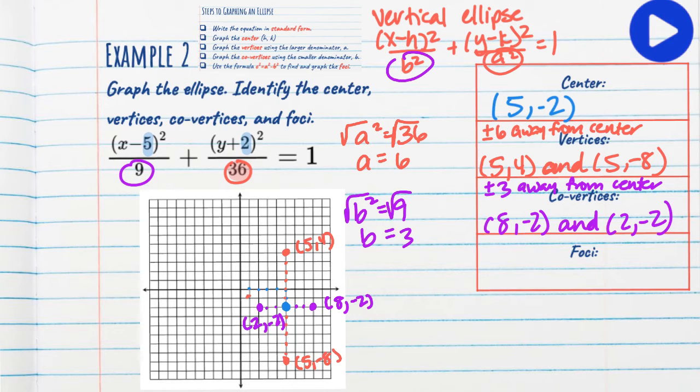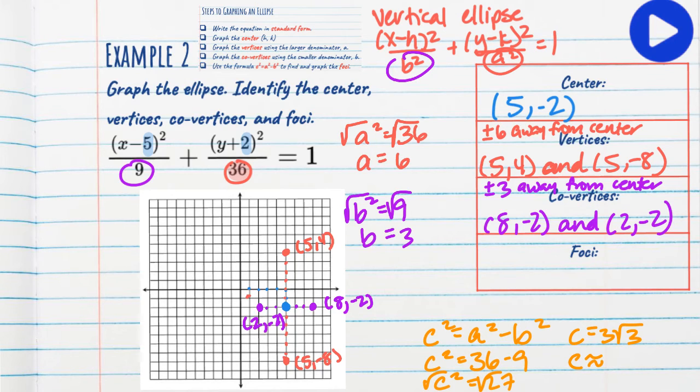And the last point to find is the foci, or the focus points. And remember, we use c squared equals a squared minus b squared to find that distance. So c squared equals, we know a squared is 36, b squared is 9. So c squared equals 27. Square root both sides to get the square root of 27, which is 3 square roots of 3.